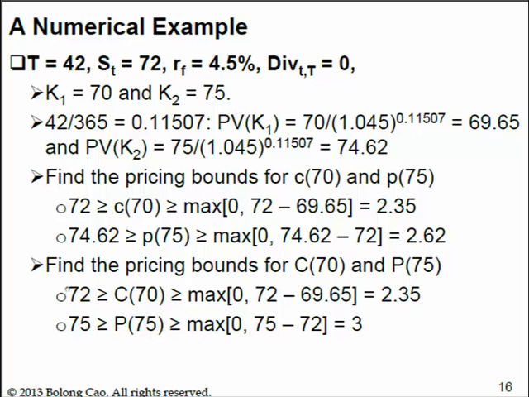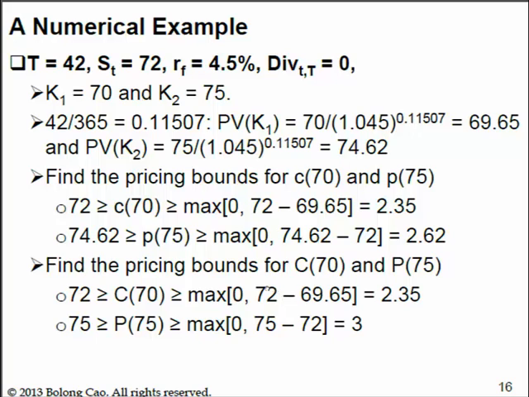Now, the next task is to find the pricing bounds for the American call with a strike of $70 and the American put with a strike of $75. For the American call, the upper bound is still just the spot price, $72. The lower bound is bounded by the lower bound of that European call, because its value cannot fall below the European call.